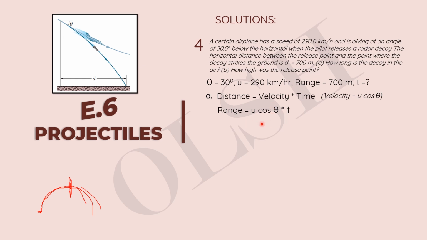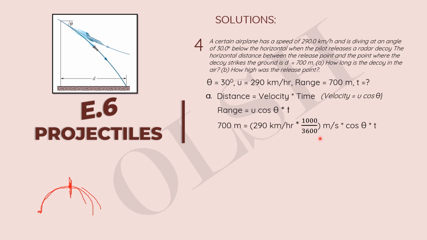So our initial velocity here is, of course, 290 kilometers per hour. We find the horizontal component of that velocity, and that will give us 700 meters, which is the range, equal to 290 kilometers per hour times 1000 over 3600. This helps us change kilometers per hour to meters per second.